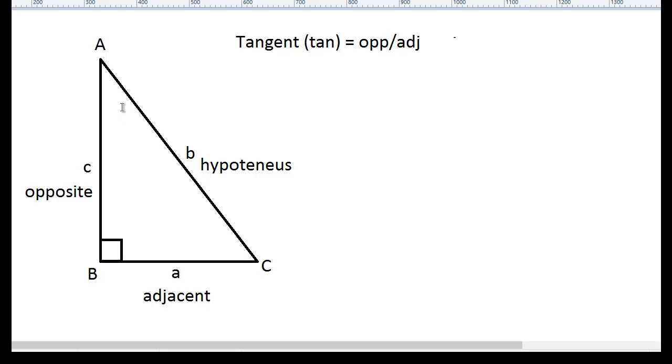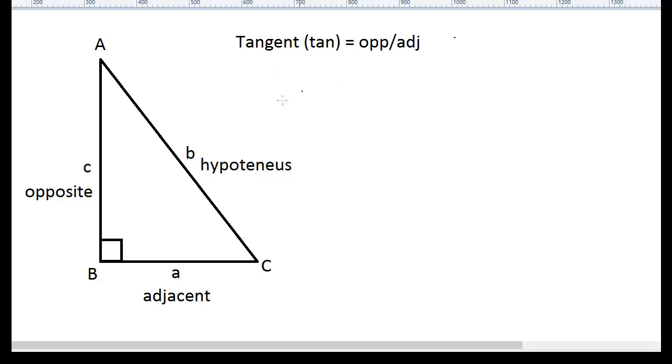And what that means is that if we have any triangle with these proportions, any size of triangle with these proportions, and you're looking at angle C, if you were to take the opposite over the adjacent side, you would always get the same ratio.